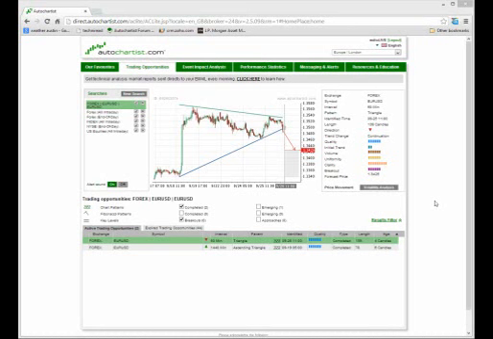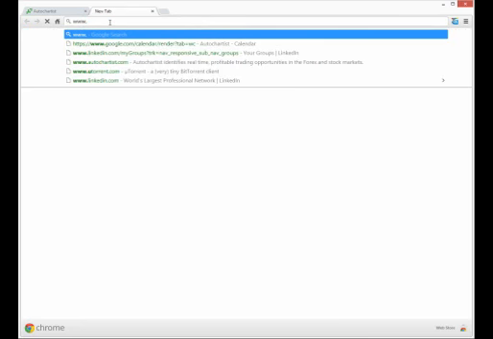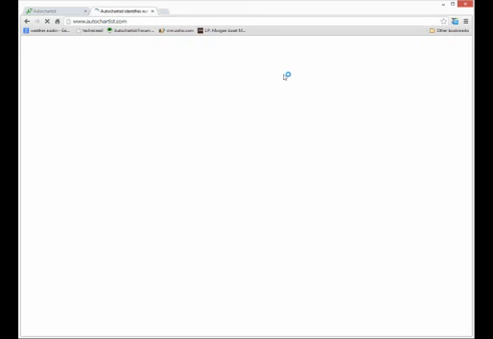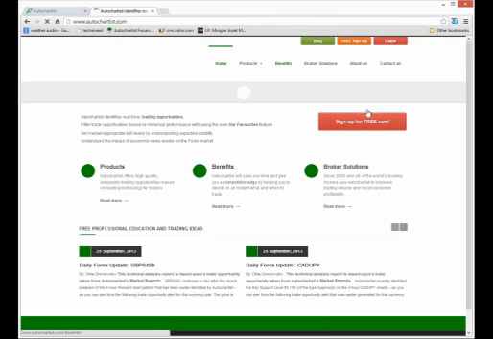If you want to subscribe to a full version of Autochartist, I'm not quite sure why you would want to do that if you get it free, but if you do, just go to autochartist.com. Once the website comes up, on the top right-hand side, you've got free sign-up.